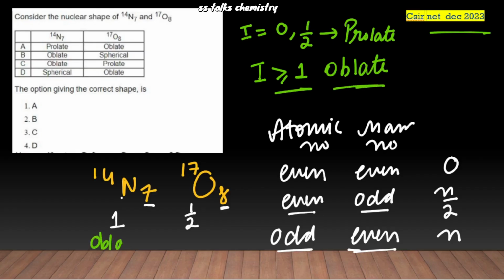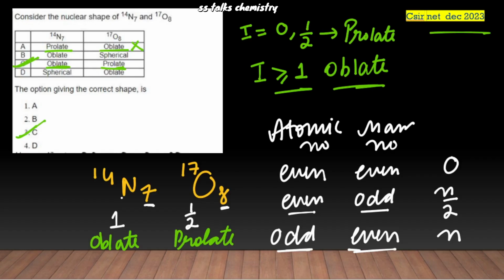So the nitrogen molecule will be oblate, and the oxygen molecule, having half integral spin, is going to be prolate. So oblate and prolate. I can see in option C it is oblate and prolate. Option C will be the right one. So the third answer will be the correct one.